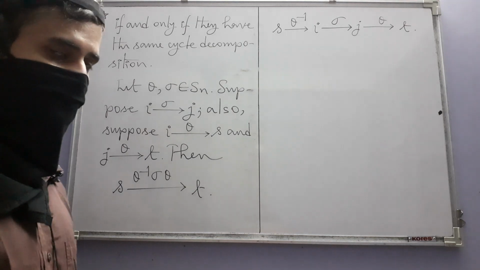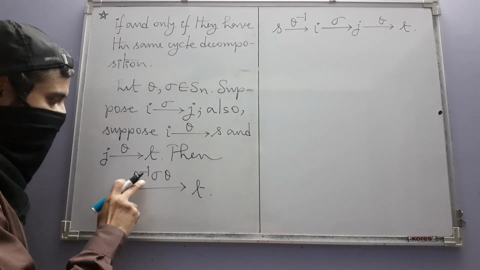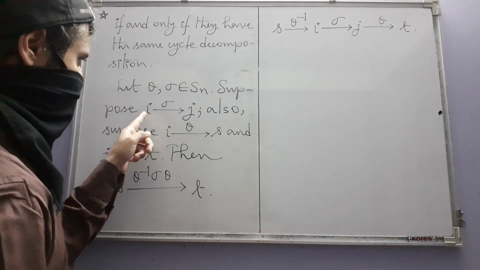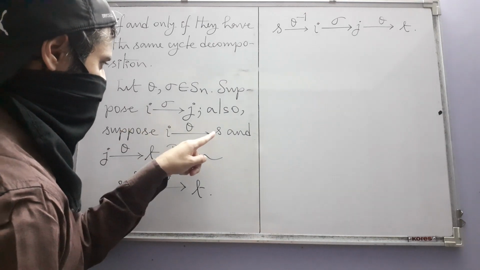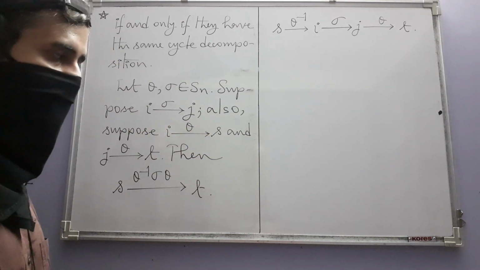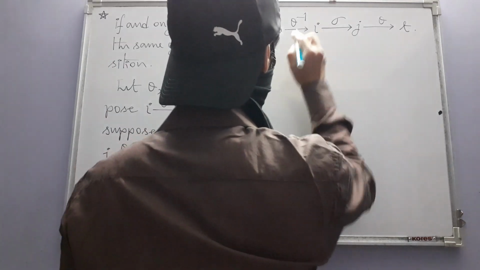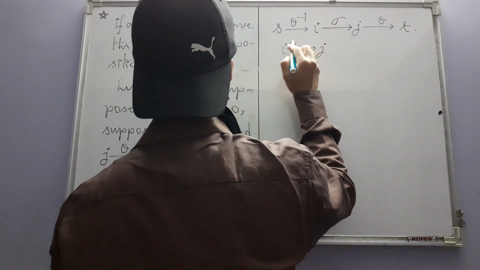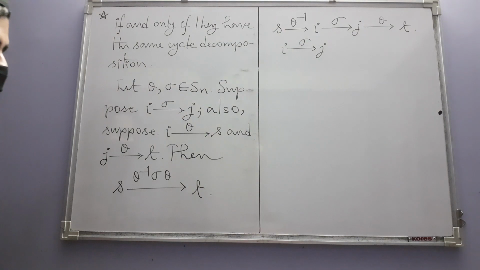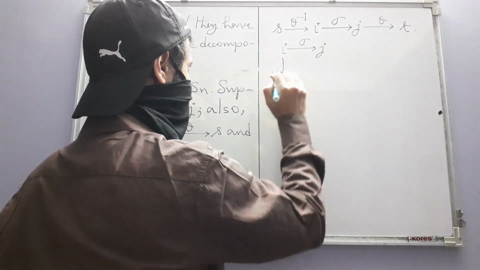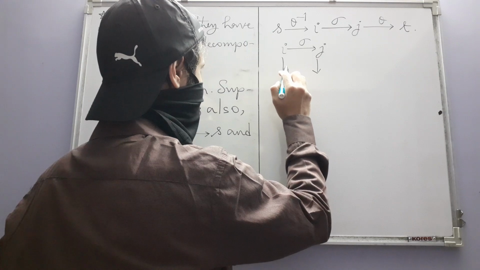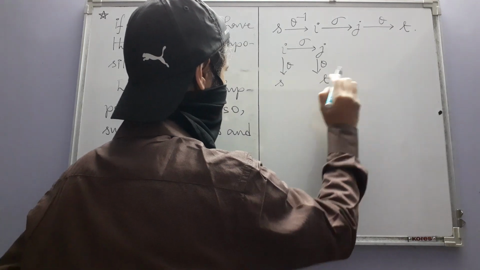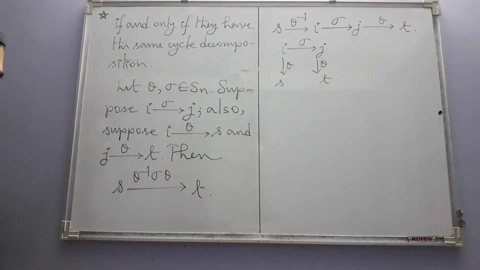So what does this tell us? It tells us that in order to calculate theta inverse sigma theta, all we have to do is replace i with s and j with t. Because if you see, this is where we have our beginning, right? Now, if you are applying theta to these symbols, then you have the symbols changed to s and t respectively.